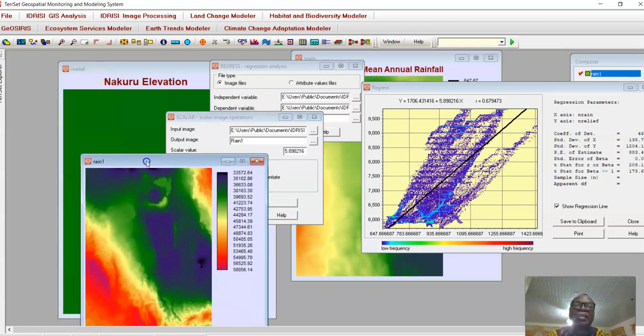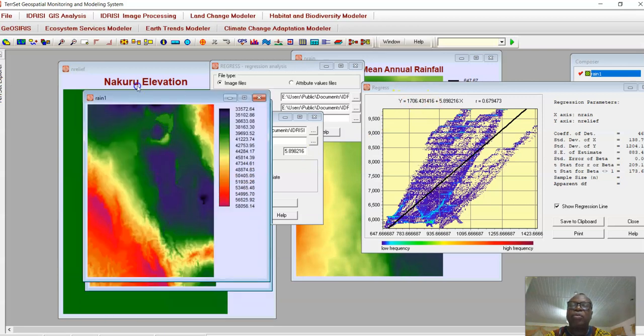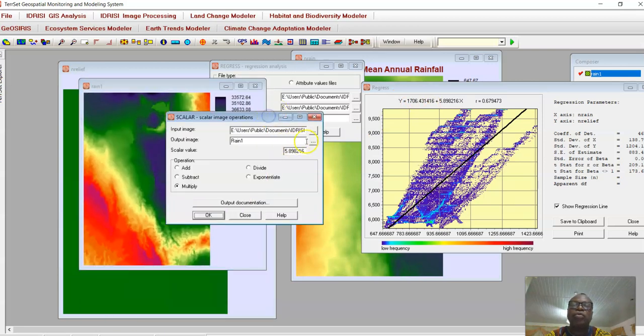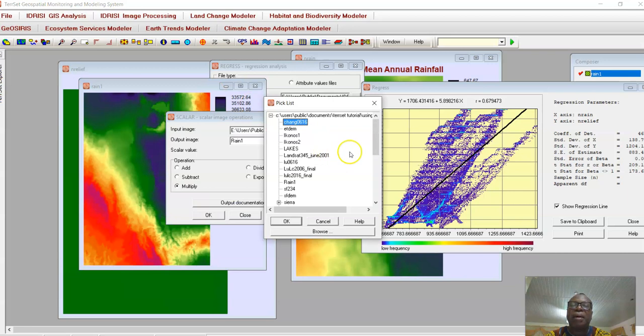Rain 1 is the image of rainfall, which was derived from the image of the elevation. We multiplied by this, so we have not finished yet. We still need to add this value to rain 1. Rain 1 has been saved here.